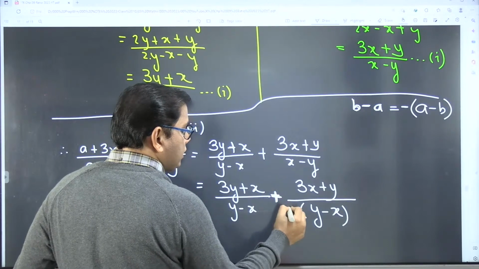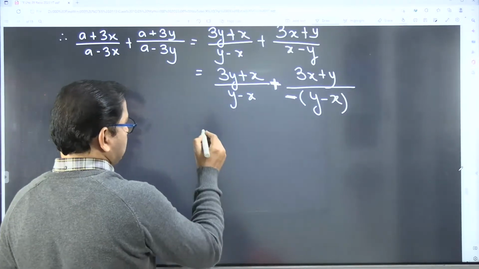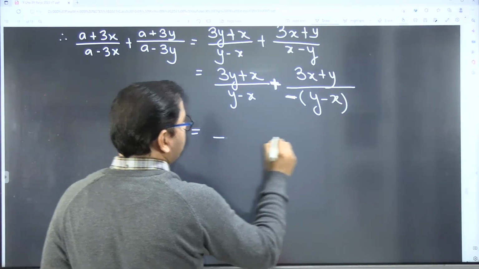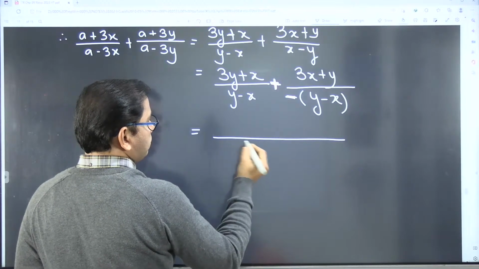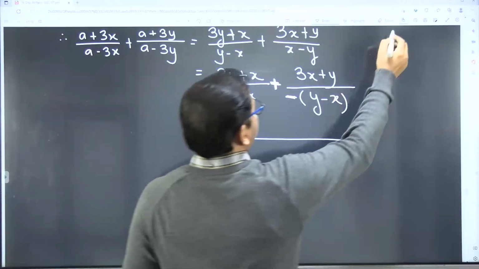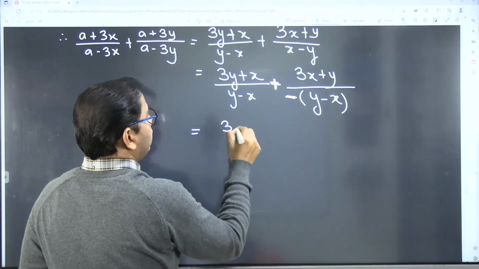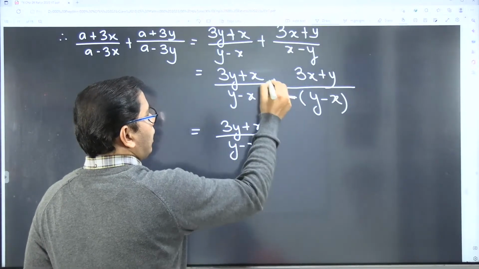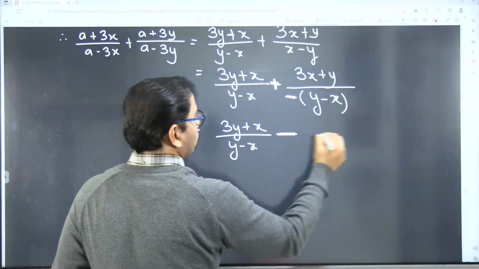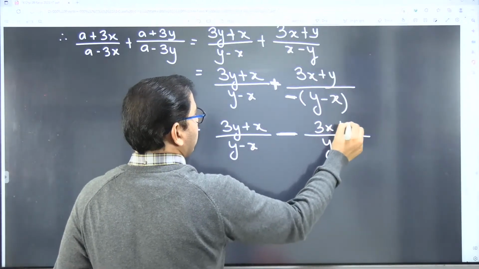This plus and this minus will become minus. We are almost close to our answer. So the denominator becomes y minus x. Just to avoid confusion: 3y plus x upon y minus x, plus minus becomes minus, y minus x, and this is 3x plus y.